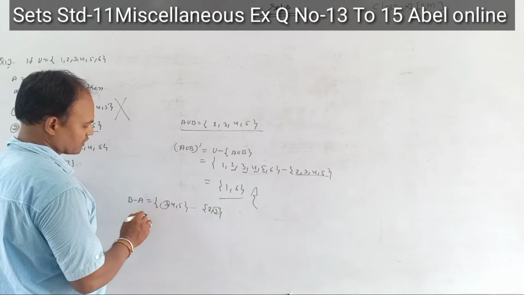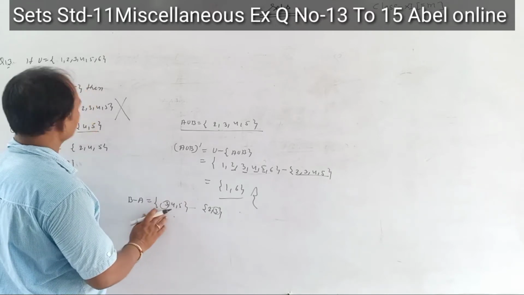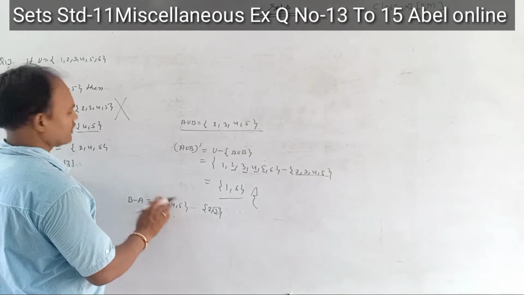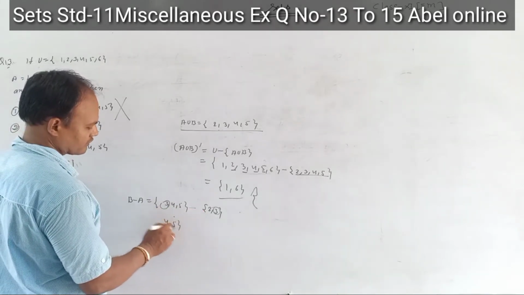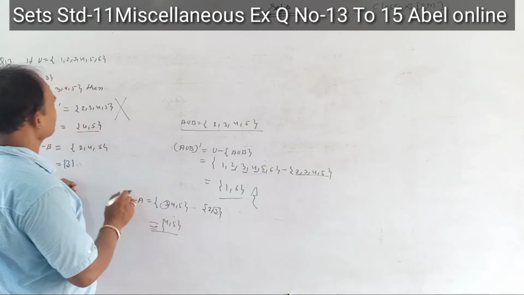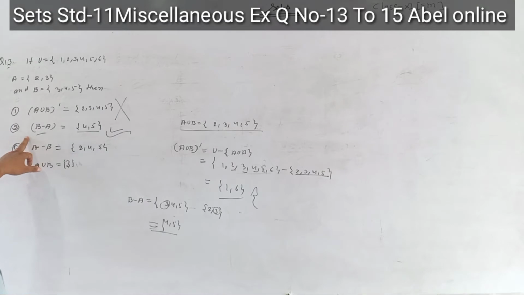So the remaining part is 4 5. From B, which is 3 4 5, removing A, which is 2 3, we can say that 4 5 is your answer. So is it 4 5? Yes, it is your answer. Your answer is B. Now we are going to check A minus B also.